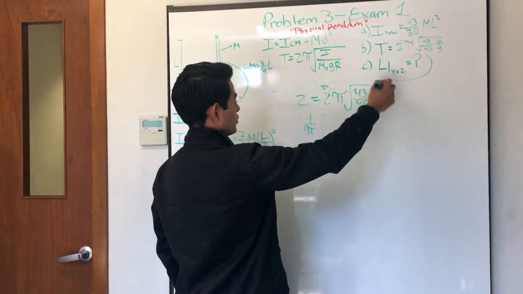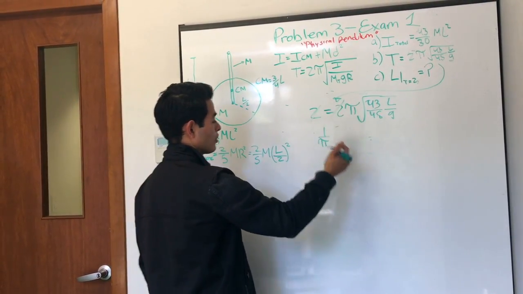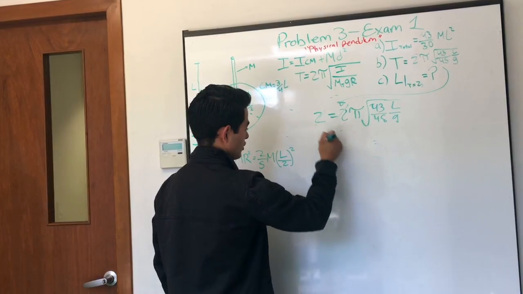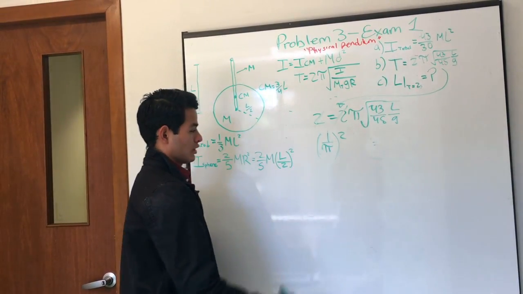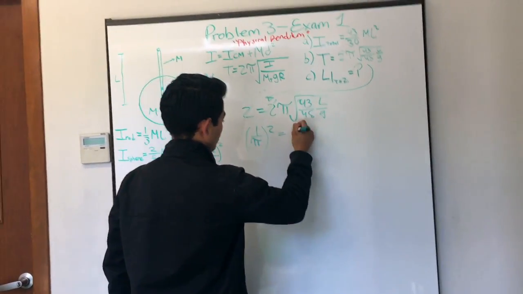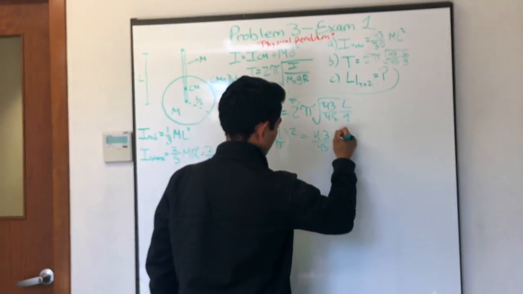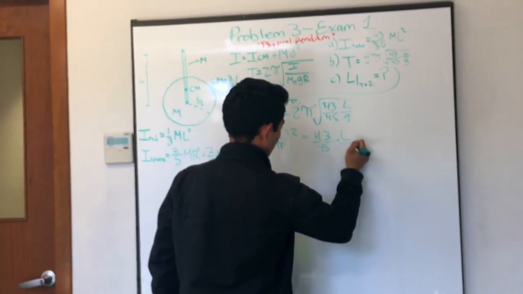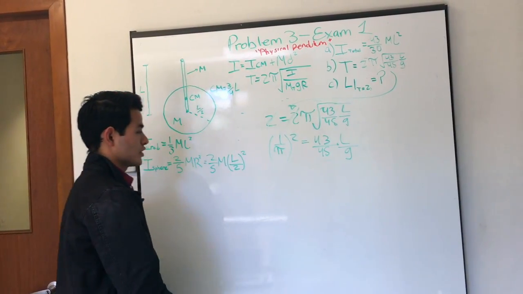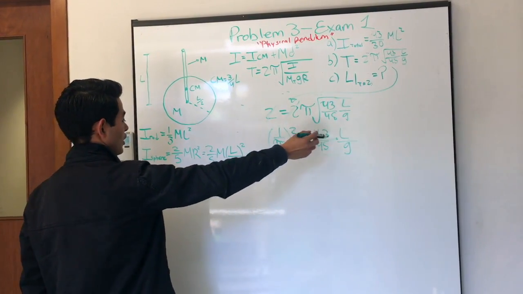As this is the square root, we raise all this to the second power. So on this side we have 1 over pi squared equals 43/45 times L over gravity. And now we just solve for L.